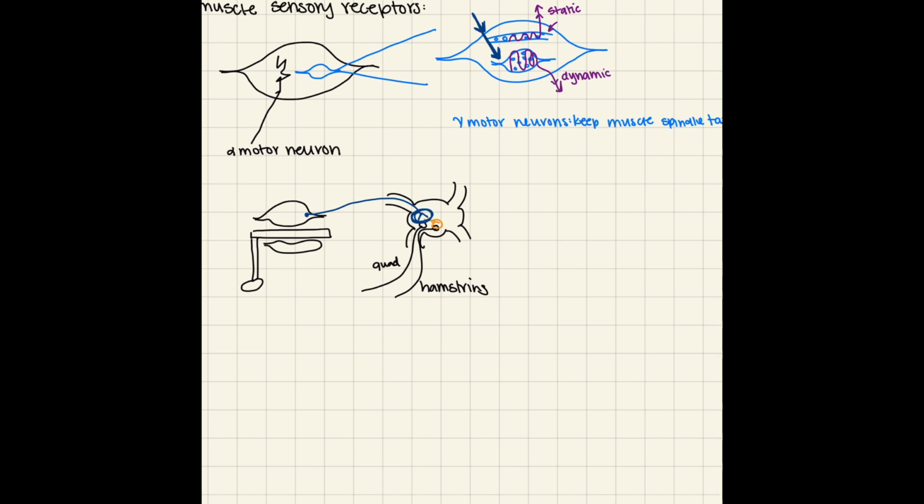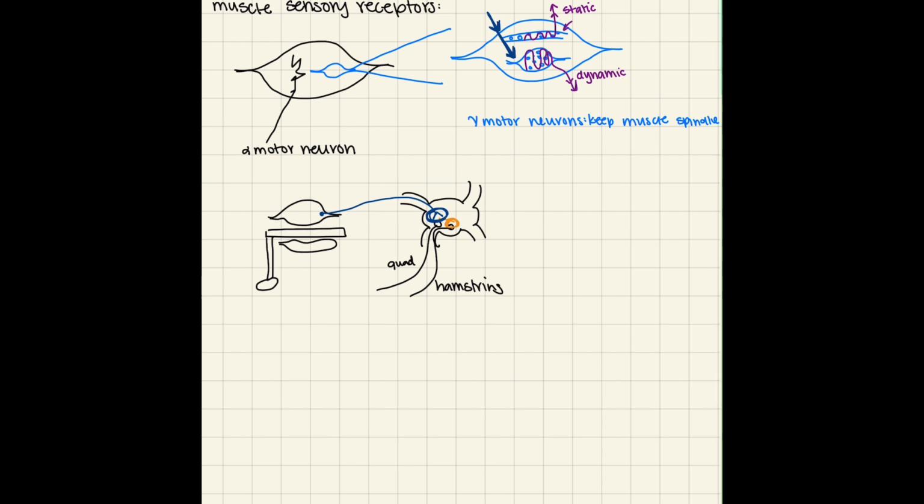This one is going to send out an inhibitory action potential to the hamstring neuron. That way, we can flex the quad but relax the hamstring so that our quad muscle can contract so that it doesn't stretch too far and potentially hurt us.